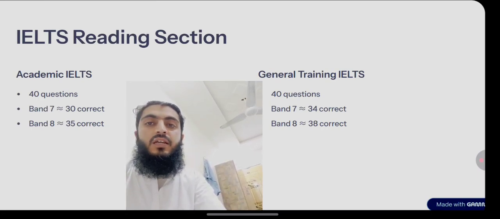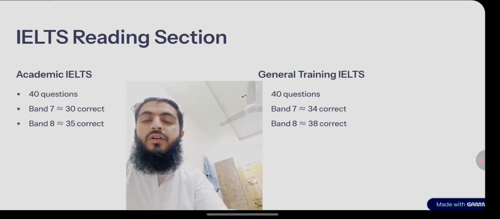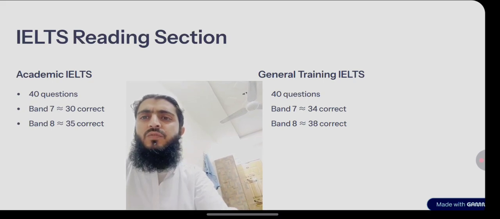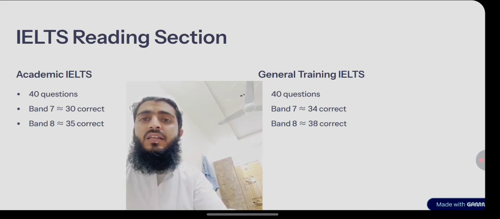The same is the case with General. But in General, if you answer 34 questions correctly, you will get 7 bands, and if you answer 38 questions correctly, you will get 8 bands. You may be confused why in General they demand more correct answers to get 7 or 8 bands.